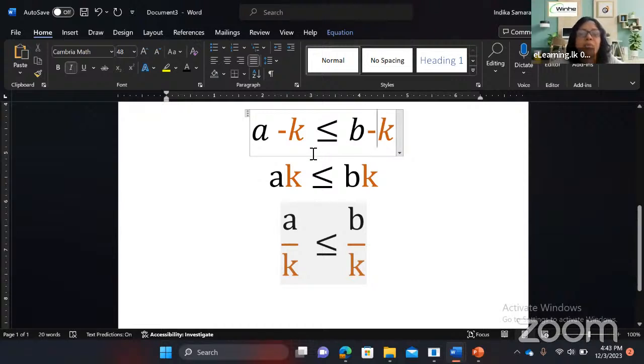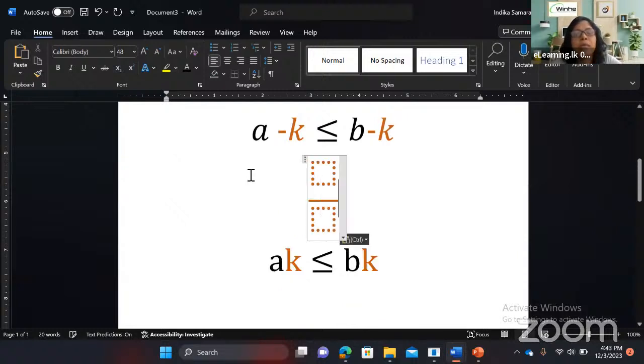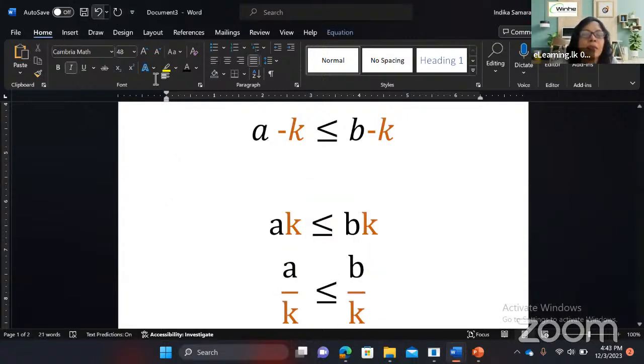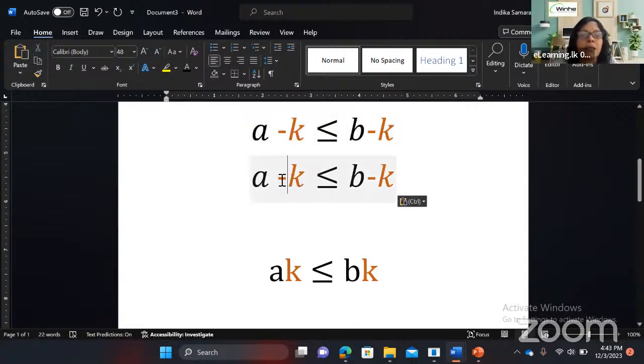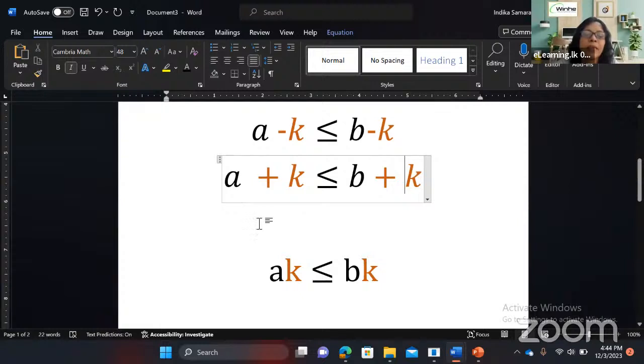Whether it is positive or negative, if you add the same value to both sides, then the inequality sign will not change.